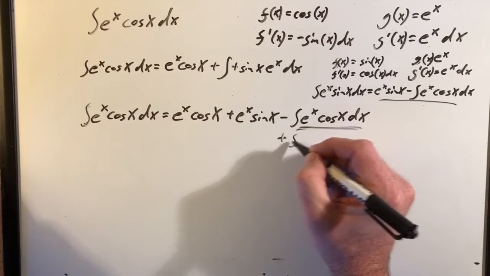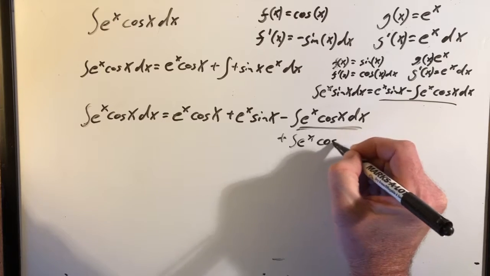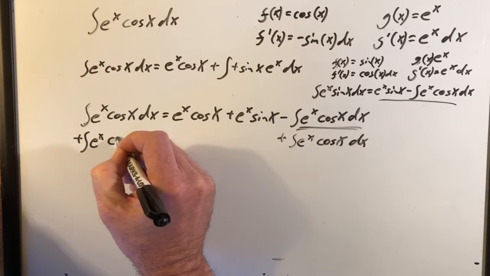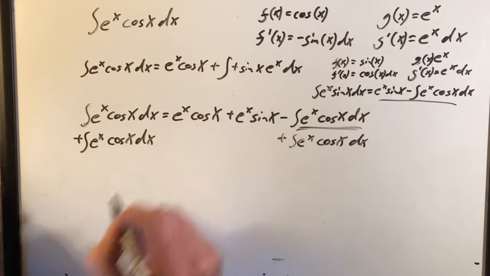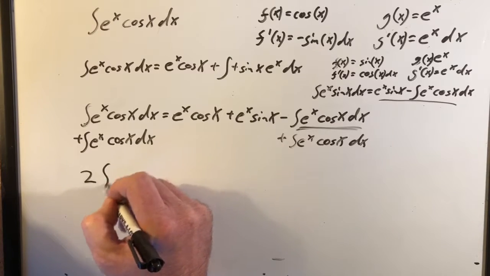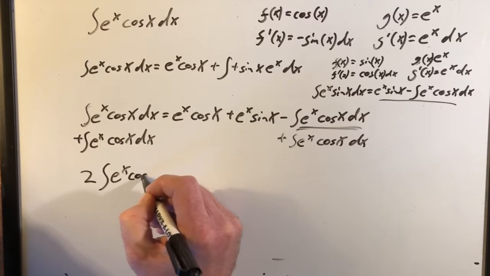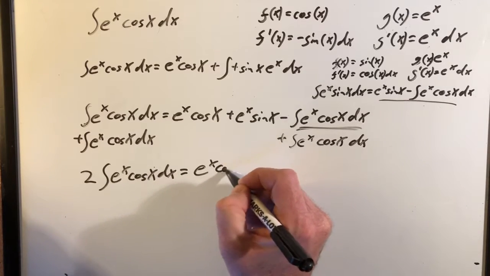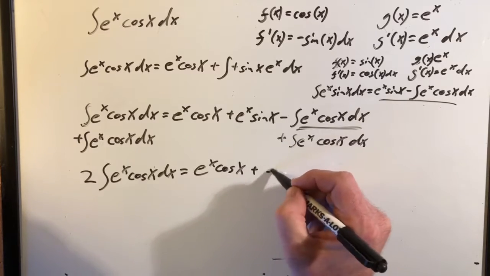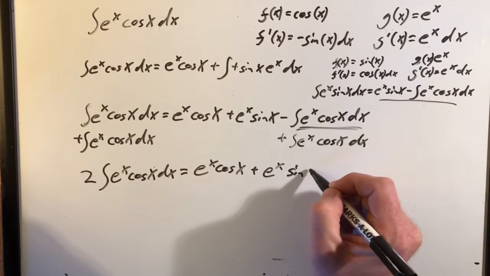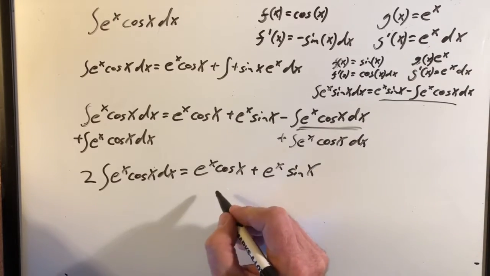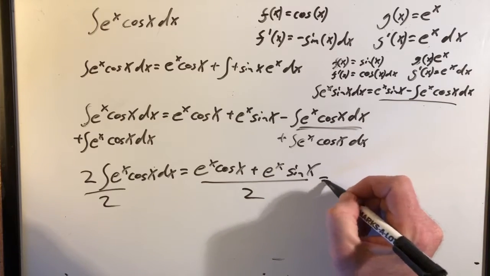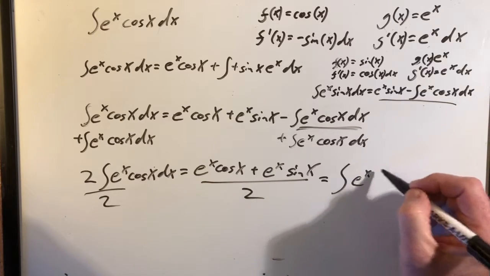So if I add the integral of e to the x cosine x dx to both sides, I'm going to get 2 times the integral of e to the x cosine x dx equals e to the x cosine x plus e to the x sine x, and I can divide both sides by 2 and get my answer for the original integral.